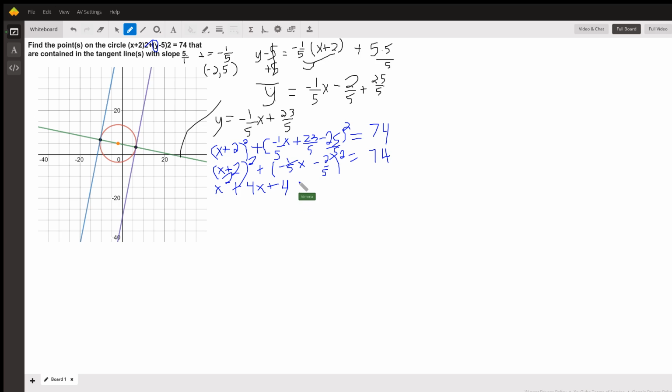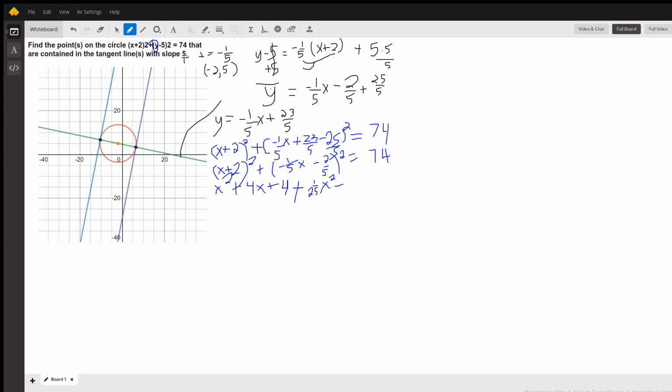And this one is going to give me 1 over 25 x squared. And then it's going to be minus 1/5.